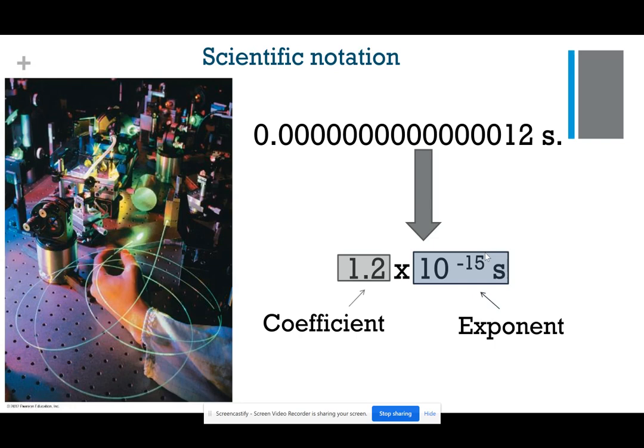Being dyslexic, left and right never really worked well for me. So the way that I actually remember the negative exponent is if it's a number that is less than 1, the exponent will be negative. And if it's a number greater than 1, the exponent will be positive. So left, right, above 1, lower than 1, whatever works for you, just find a path that works for you.